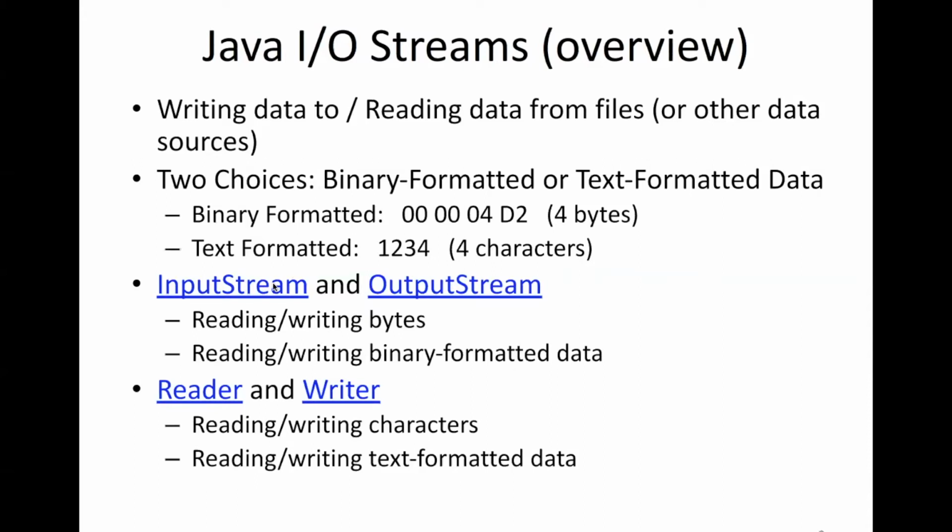But often we're working with text, either characters or strings. And when that's what we're doing, it's a lot easier to use the Reader and Writer classes. You can use InputStream and OutputStream classes for text, but then you have to worry about converting those bytes into strings. If you use Readers and Writers, that happens automatically for you. So that's really how you decide if you're using InputStreams and OutputStreams or Readers and Writers: whether you're reading text data or not.